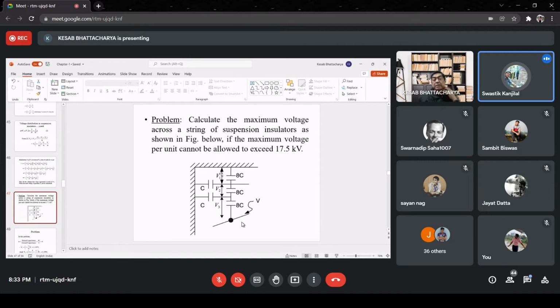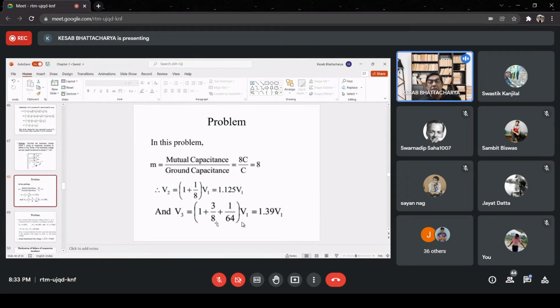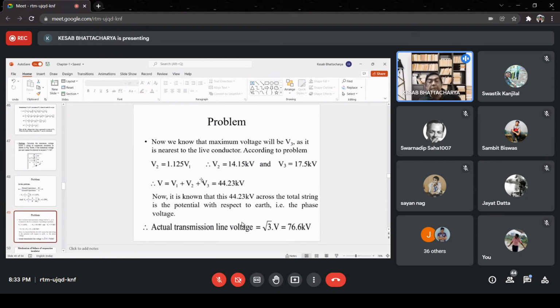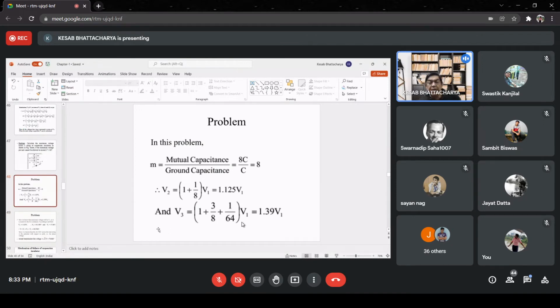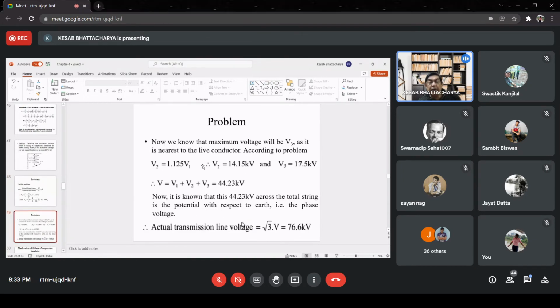It will be 1.39 V1. So V1 can be determined from here.